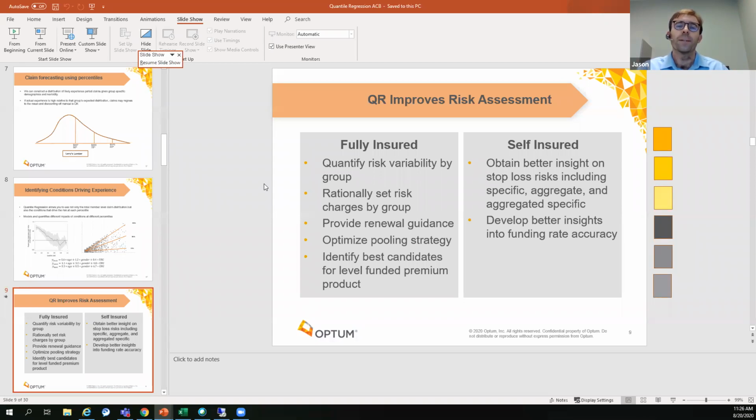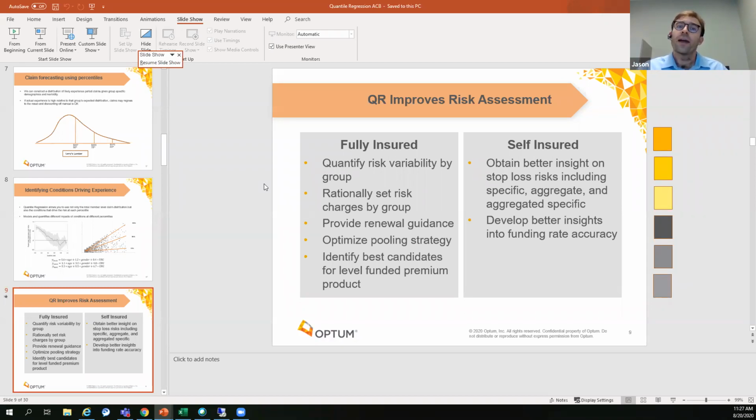You can also use quantile regression to help your underwriters provide renewal guidance on which groups are good candidates for discounting versus not. The good candidates for discounting are the ones with a narrower distribution around the expected value, and the groups with a wider distribution, where we're less sure of what our estimate is supposed to be, are not such good candidates.